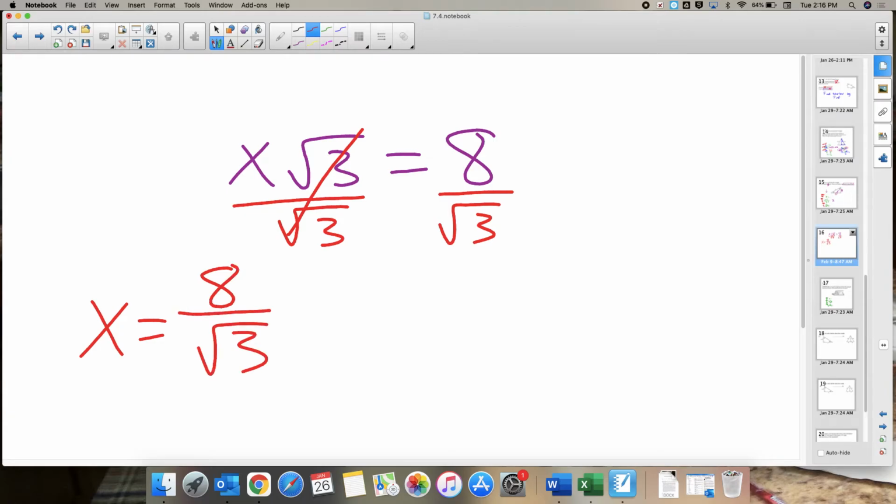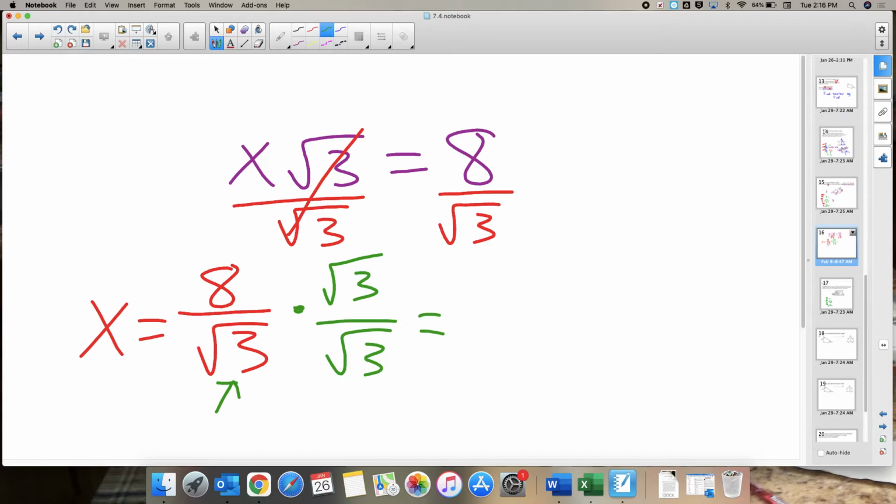Now, as we talked about, we are not allowed to have a radical in the bottom of our equation. So the way we get rid of it is we multiply the top and the bottom by whatever was down there. So since it was a square root of 3, I am multiplying the top and bottom by the square root of 3.